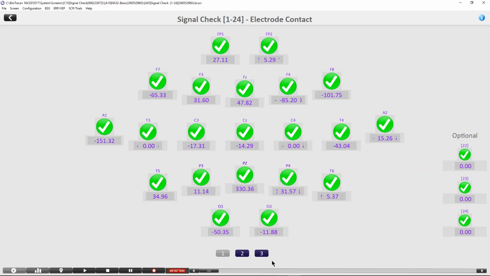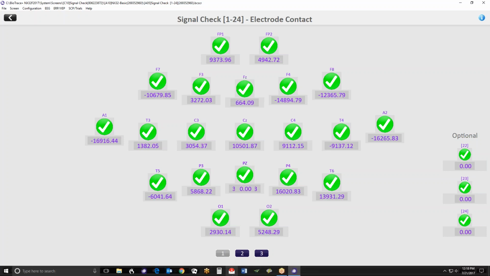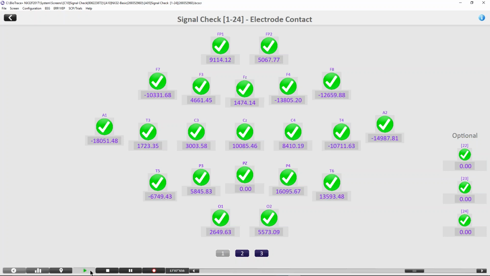If I go back to the beginning, a little past the beginning, it continues to have a bad connection.